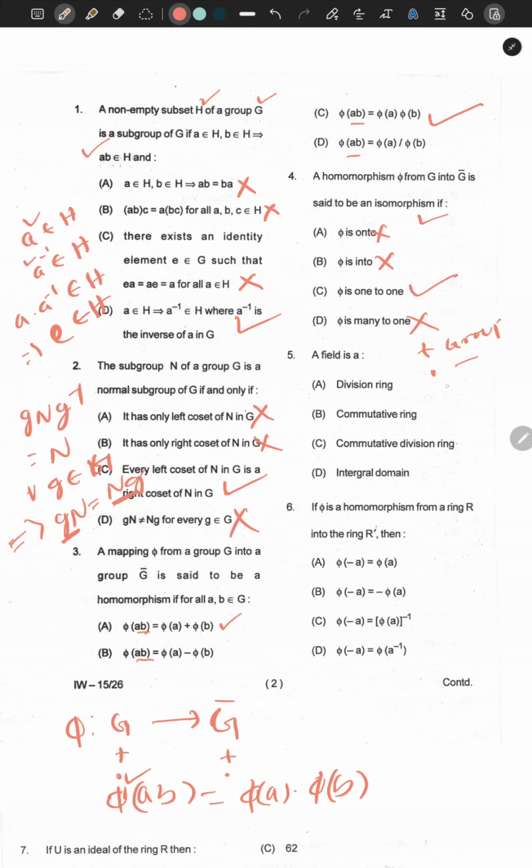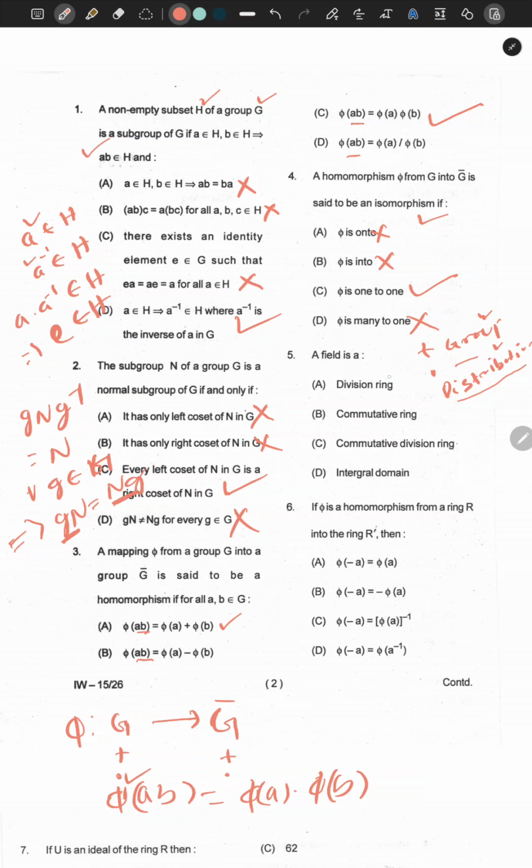It also satisfies the distributive property. Total 10 properties are there. It is a commutative group under addition, and a commutative group under multiplication except the zero element. It has 5 properties each, and another property is the distributive property. So a field is also a division ring.